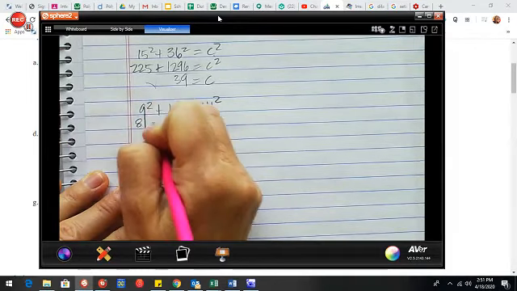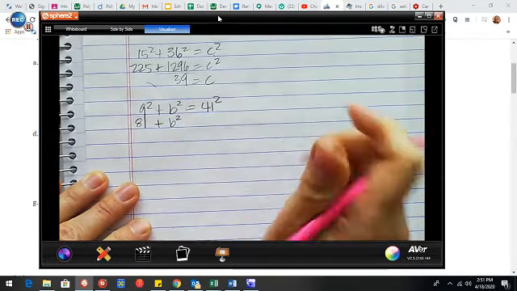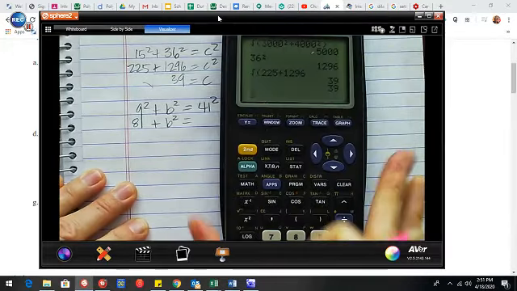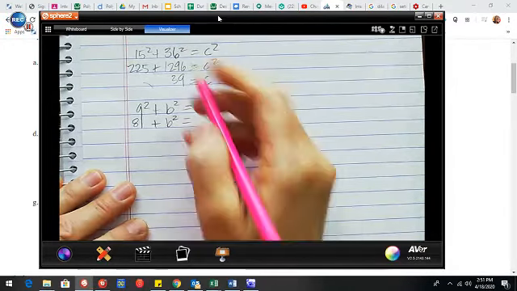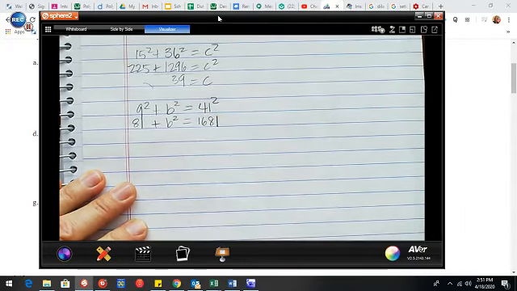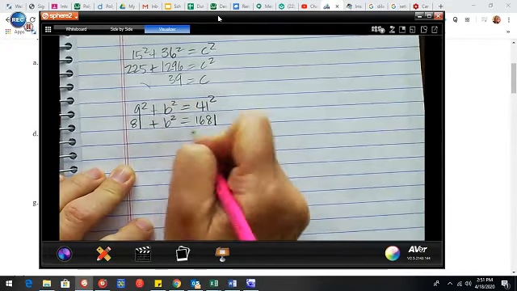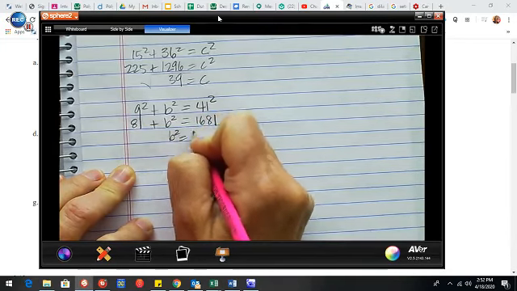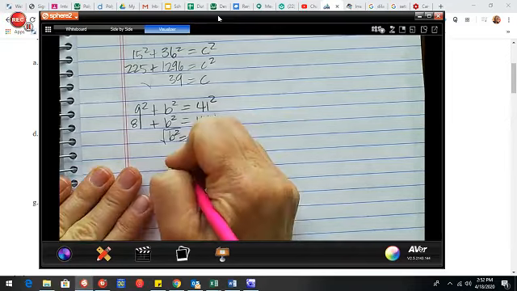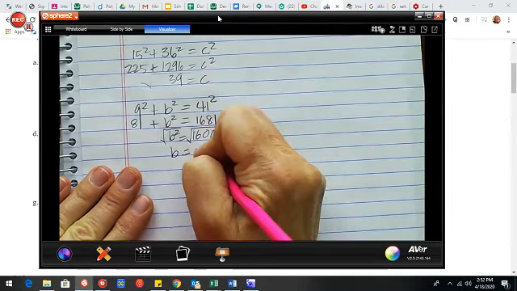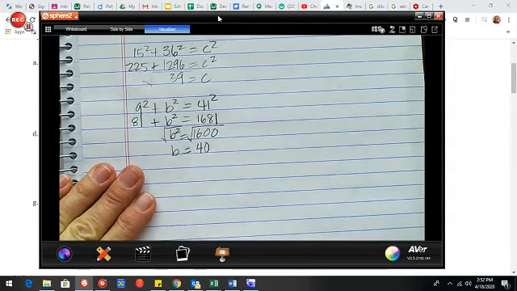And that's going to give me 81 plus b squared equals 1681. I'm going to subtract 81 from both sides, which is going to give me 1600. Then if I take the square root of 1600, b would be 40.